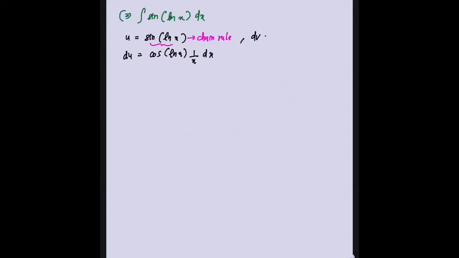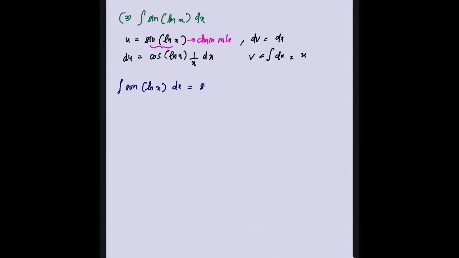So dv is equivalent to dx. Therefore, v is equivalent to integrate dx, so you will get x. Therefore, the integral of sin ln x dx will now become sin of ln x, your v is x, so we can put it in front, minus integrate v du.